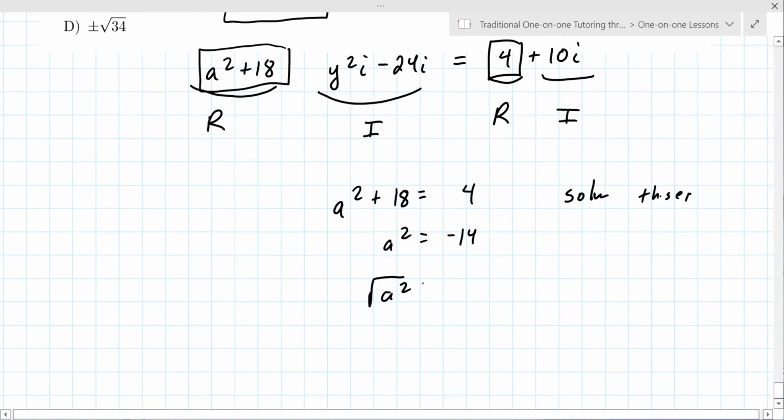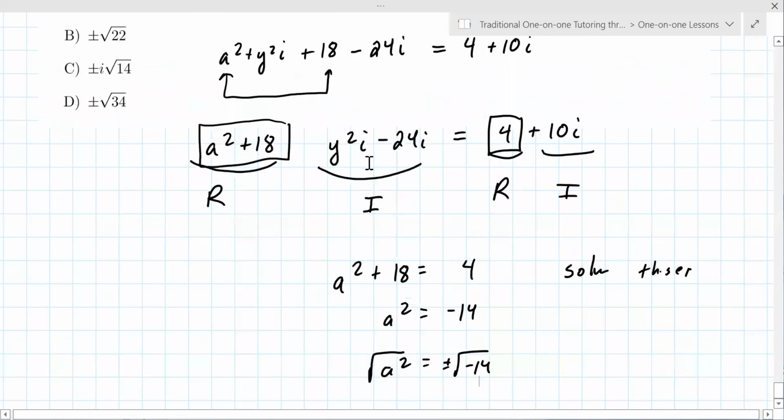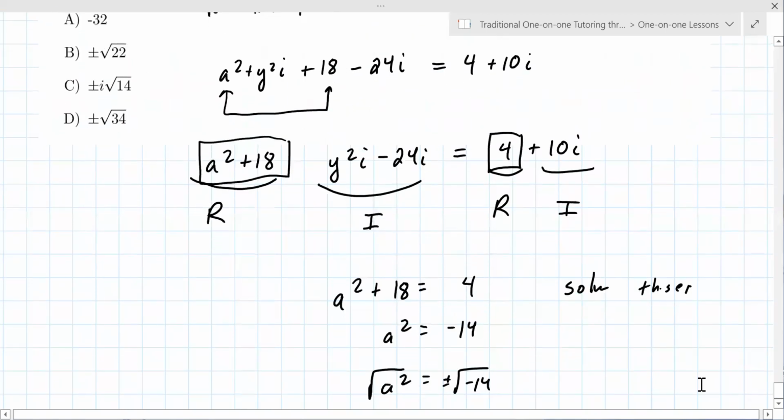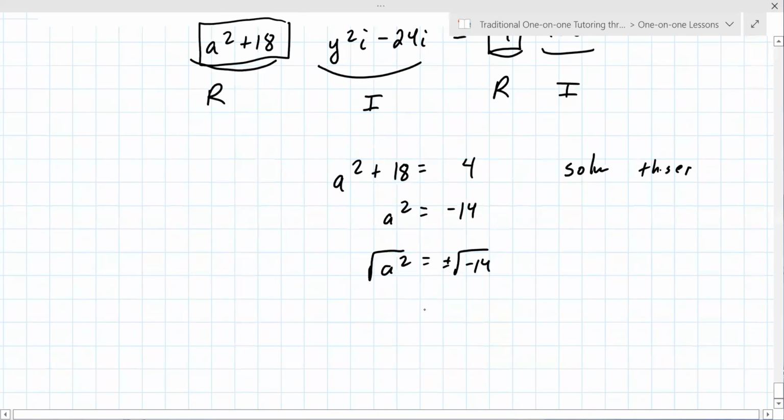When you take a square root of both sides, this is where that given comes in, and you've seen this before: i equals the square root of -1. At a minimum, you should know that means your answer is going to have a -1 in it. So the square root of -14 is really the square root of -1 times 14, like an extra number in there. So this square root of -1, that's what becomes i.